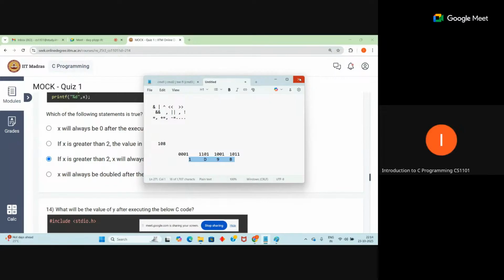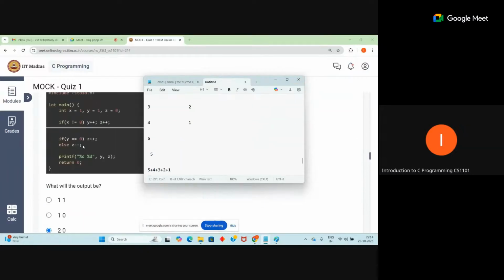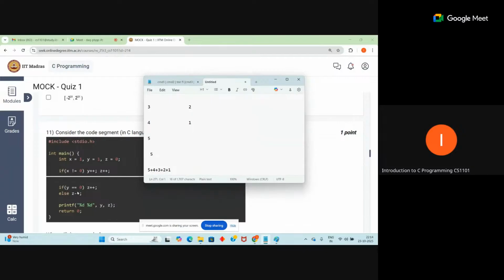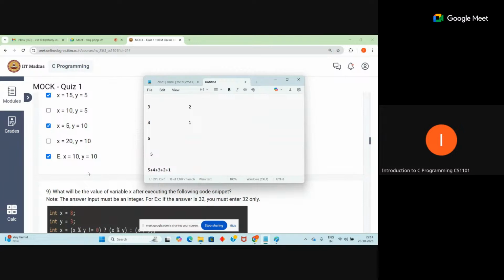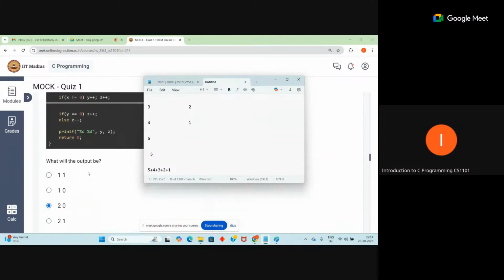In week 4 we have conditional controls as well as loop controls. Conditional controls are if and switch. In the mock we didn't encounter any switch statement, only if, while and for; do while also did not come. But in your exam you can expect that also.